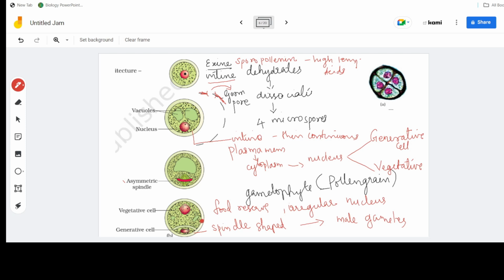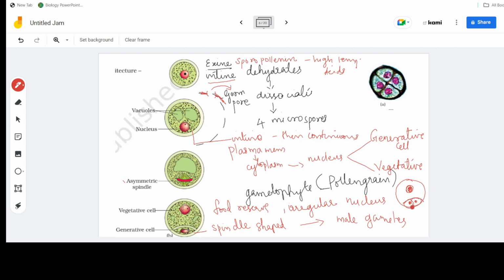But in 40% of the angiosperms, the nucleus in the generative cell further divides, and the pollen grain is released at the three-nucleated stage. So imagine this is the nucleus of the vegetative cell, and this generative nucleus will divide into two. So in 40% of angiosperms, it is released at this three-nucleated or three-cell stage.